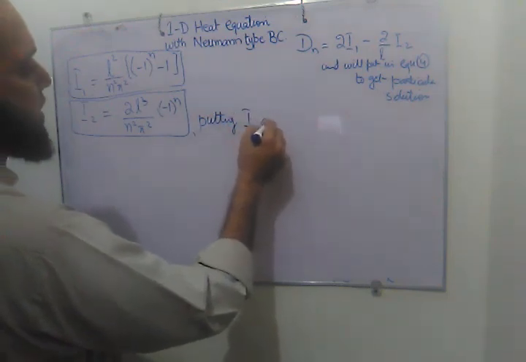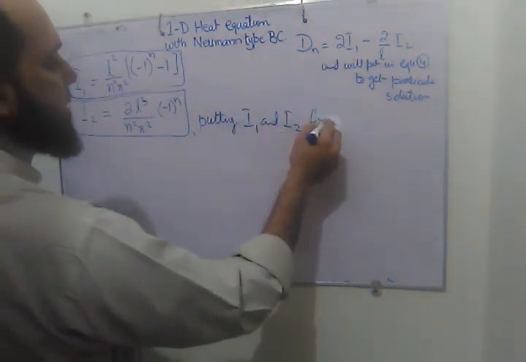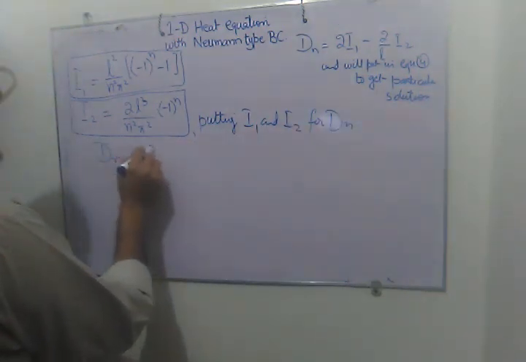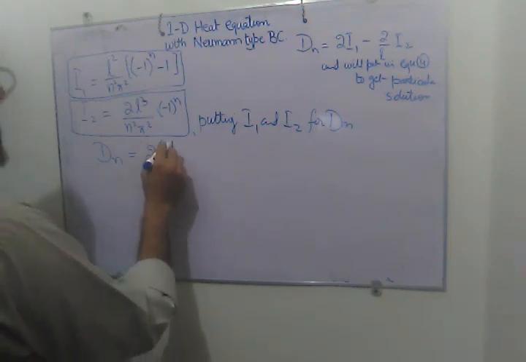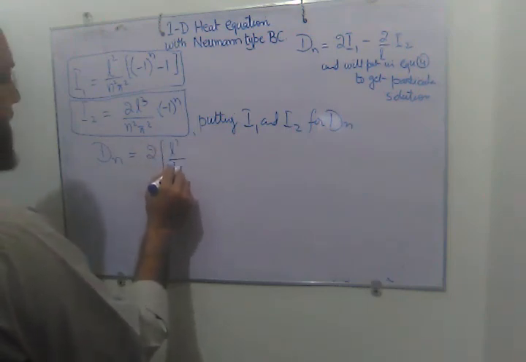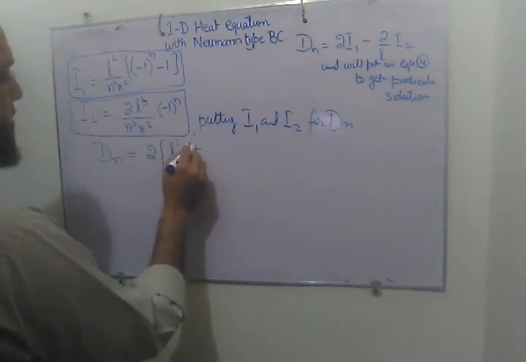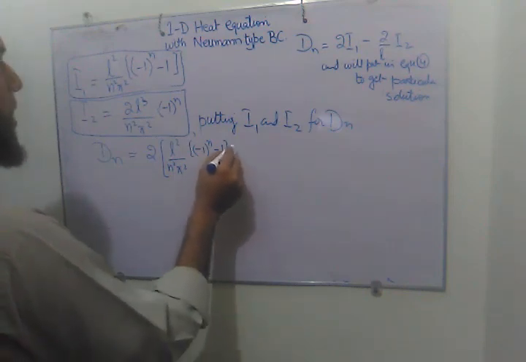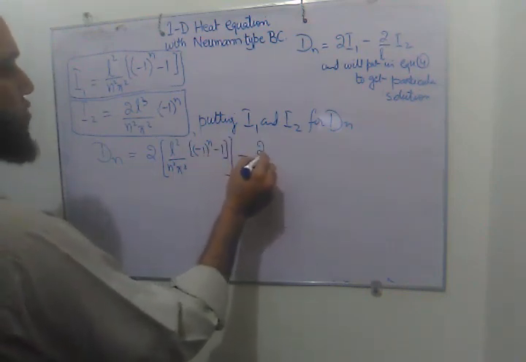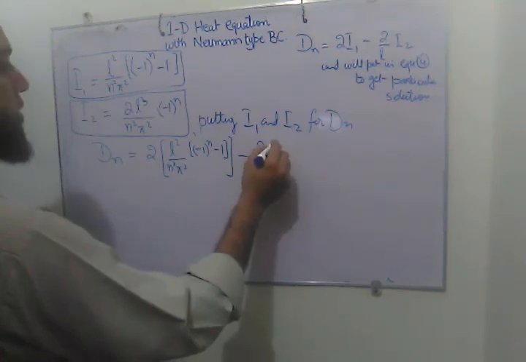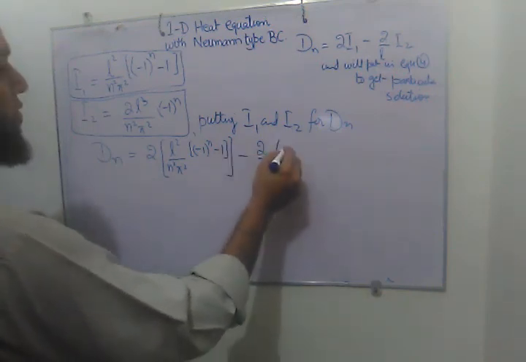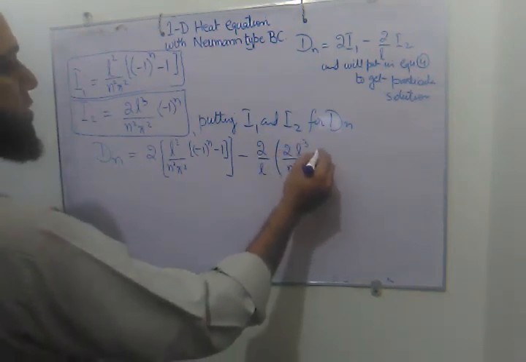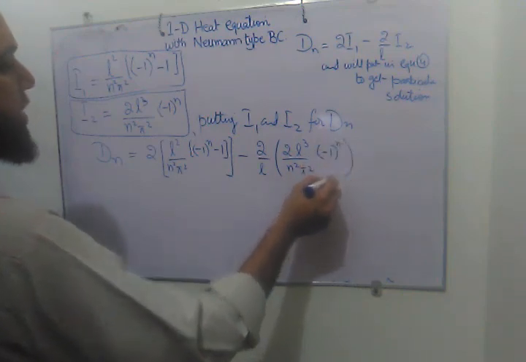So putting I1 and I2 for dn, so dn becomes 2 into L square upon n square pi square into minus 1 raised to the power n minus 1, minus 2 upon L into I2, which was 2L cube upon n square pi square into minus 1 raised to the power n.